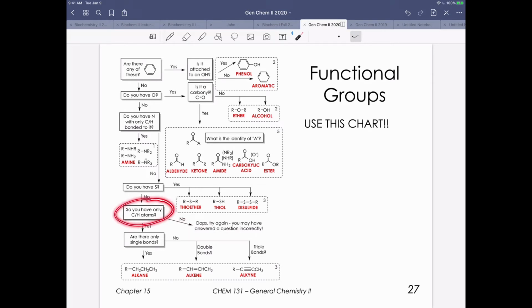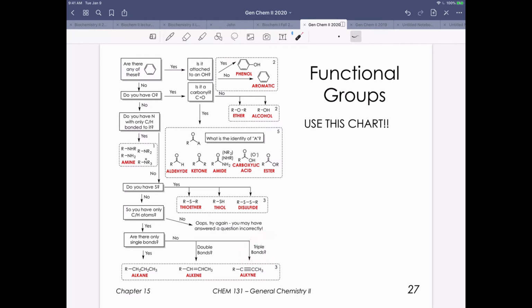But if you only have carbon and hydrogen atoms, there's only three possibilities for what we might see in our molecule. If there's only single bonds, we call this molecule an alkane. If there's not only single bonds, but we have double bonds, that carbon-carbon double bond means we have an alkene.